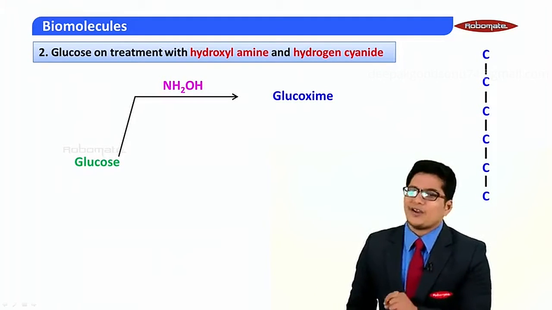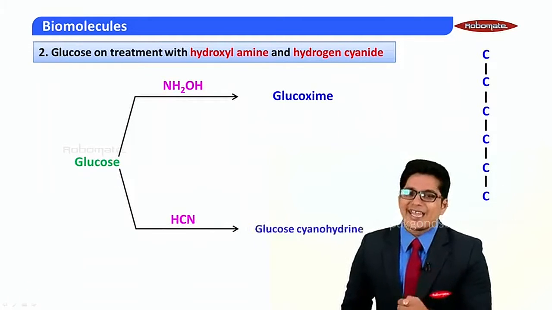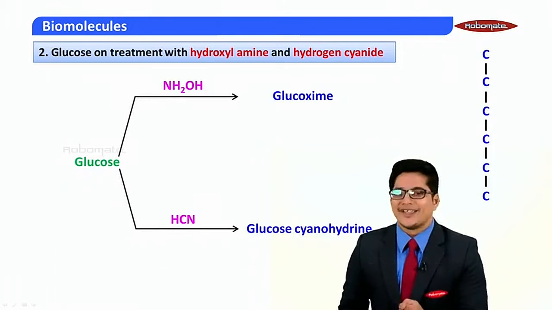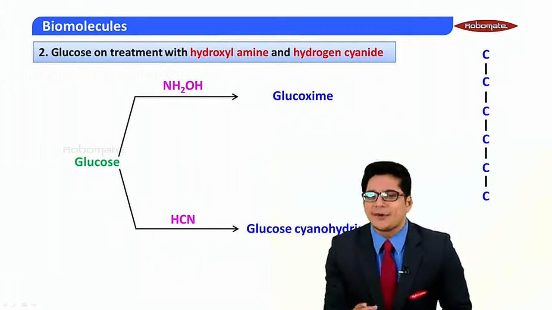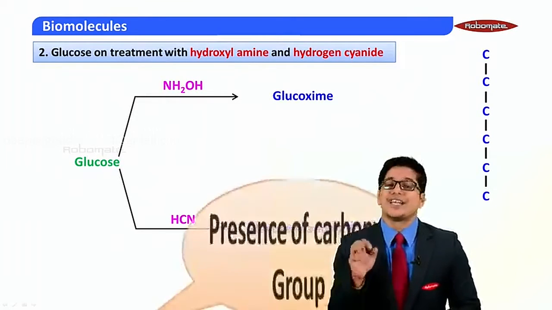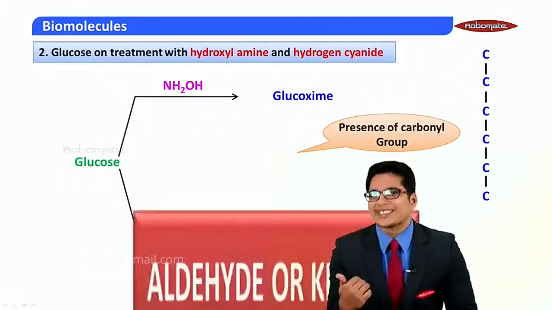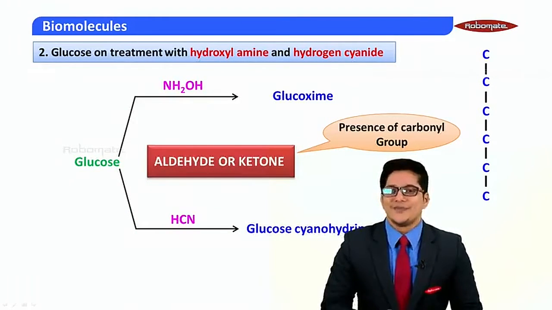Similarly, when glucose was treated with hydrogen cyanide, it gave a compound called glucose cyanohydrin. Both of these reactions proved a very basic point, that glucose consists of a carbonyl group. It might be an aldehyde or it might be a ketone.